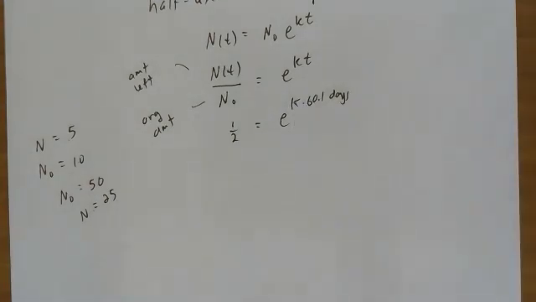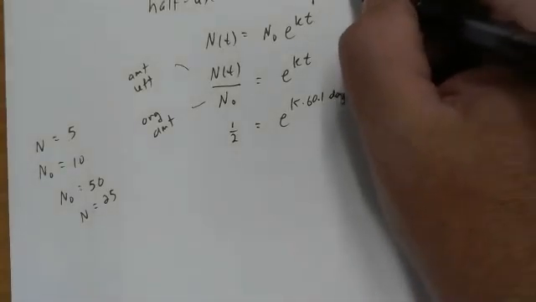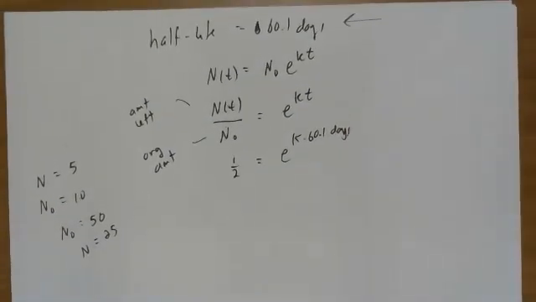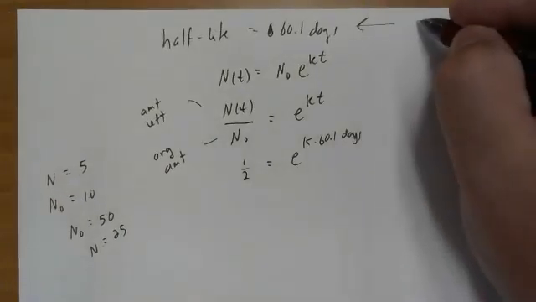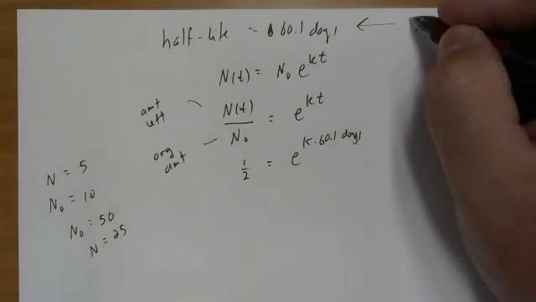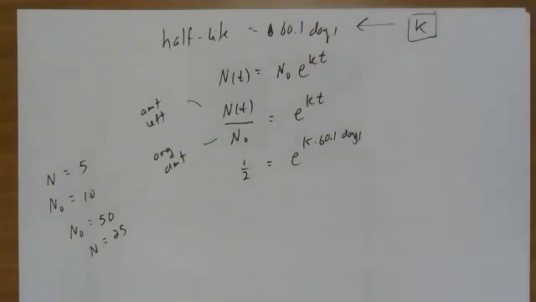Because now I can figure out what K is. It's interesting that by simply telling me the half-life time, they're giving me a way to calculate my growth constant.